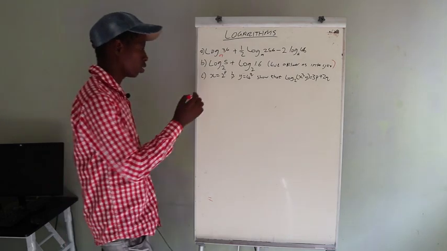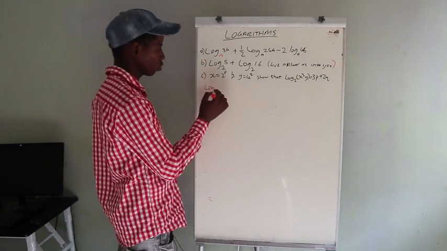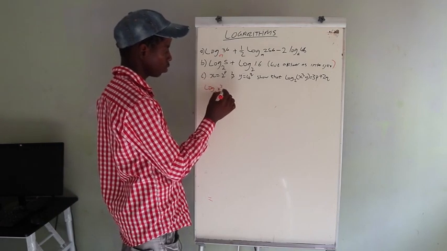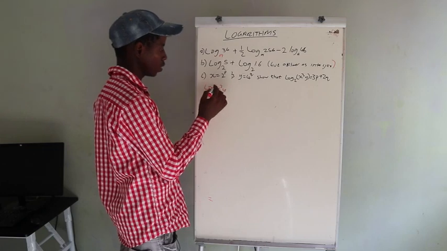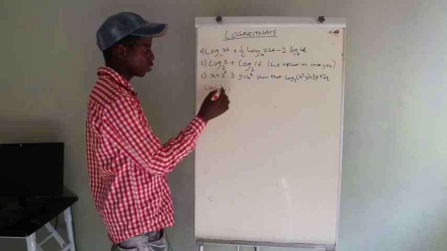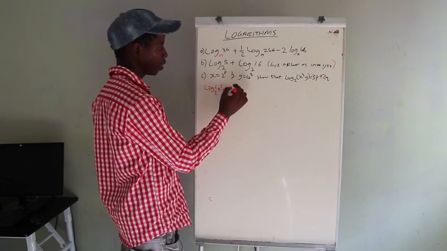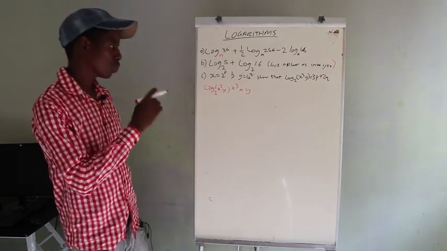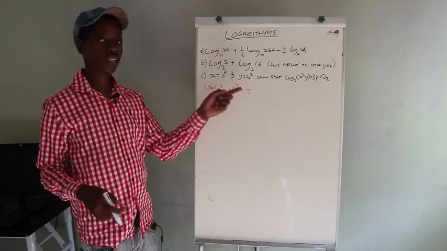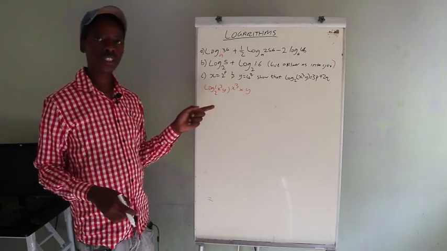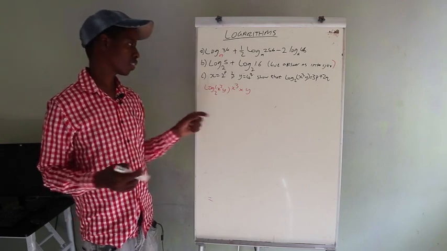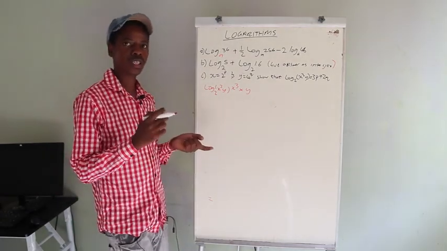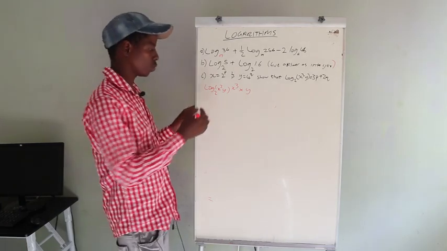So we have log 2 of x to the power 3 times y. What you have to remember is that when we have x times y inside a log with the same base, we are going to use plus. Division goes with subtraction, addition goes with multiplication.